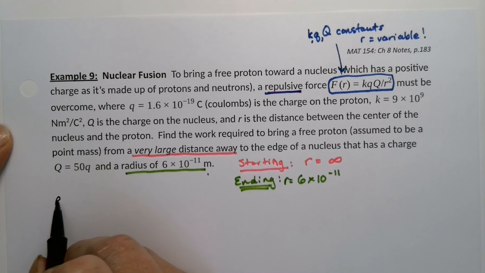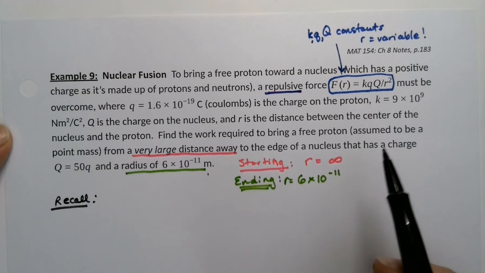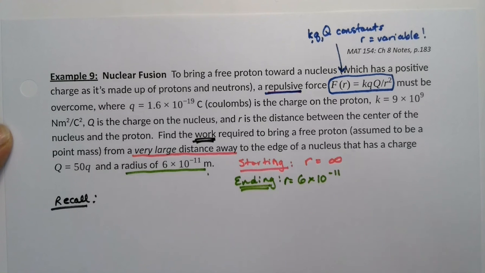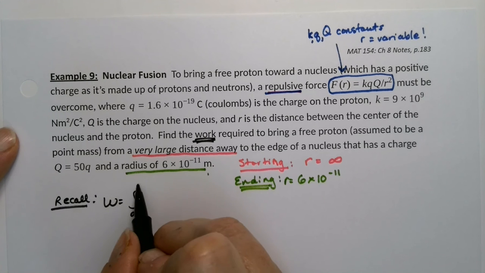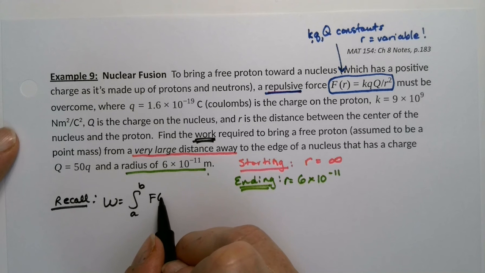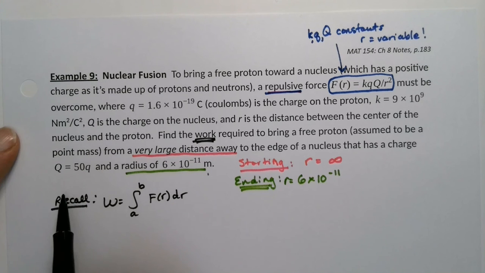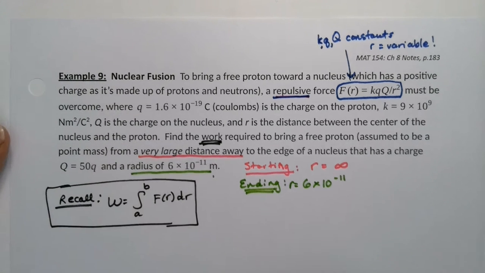I also want you to remember, because they want us to find the work, that work is the integral from a to b, in this case of F of r dr, because r is my variable. I'll put a little box around that because that's a formula.